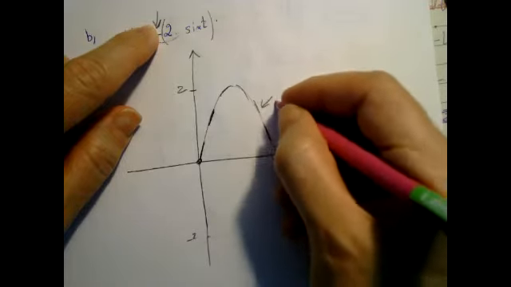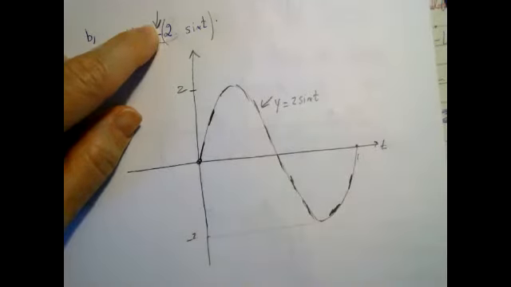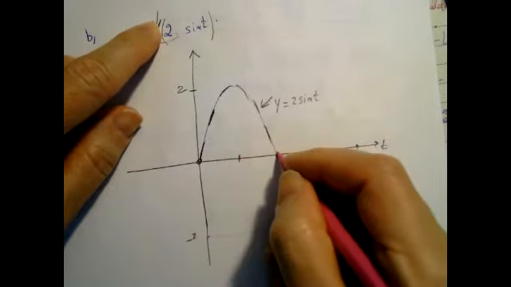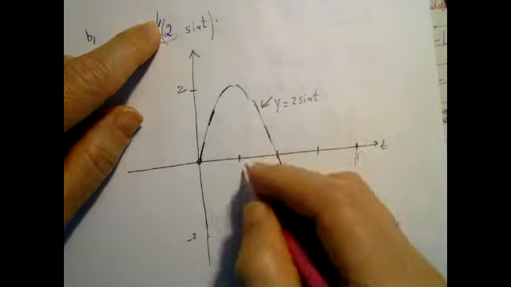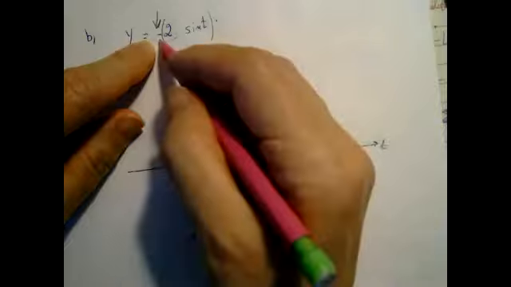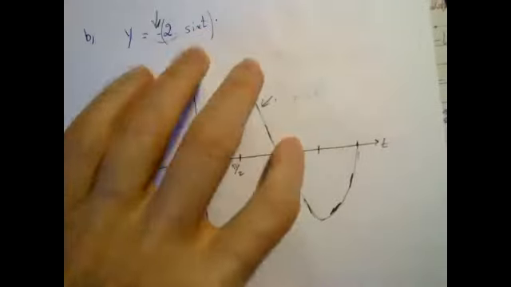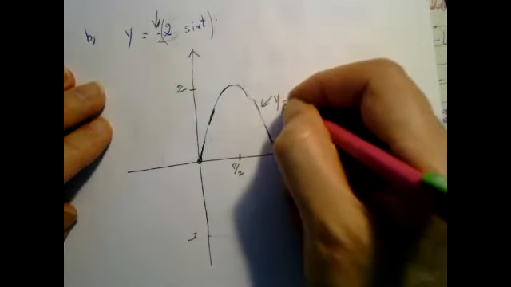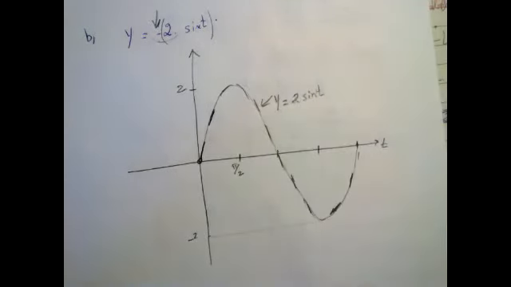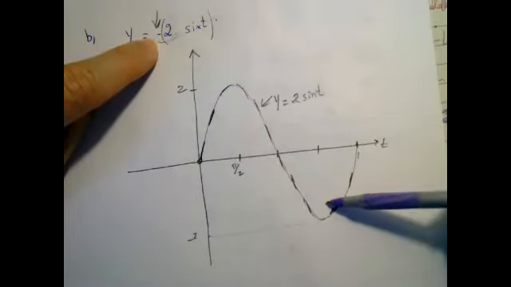This one is 2 sine t, and this is my pi over 2, pi, 3 pi over 2, and 2 pi. Now, when I multiply the output by a negative, how will this affect the graph? So this is the 2 sine t. How will the output be affected when I multiply it by a negative? How will the graph be affected?